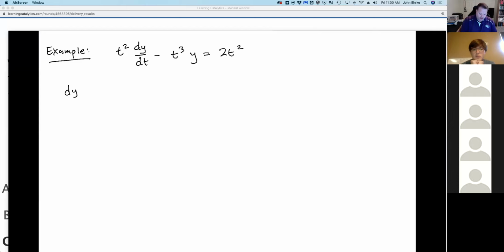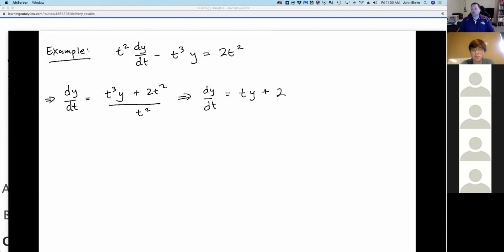So if I do that, dy/dt is equal to, let's see, you're going to add t cubed y and then divide through by t squared. So in standard form, this differential equation is ty plus 2. Okay? So there's the differential equation you have.